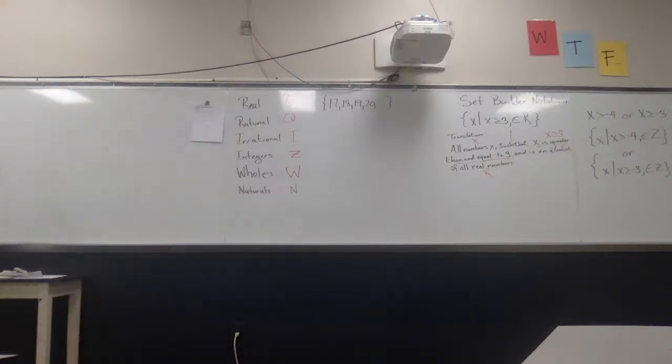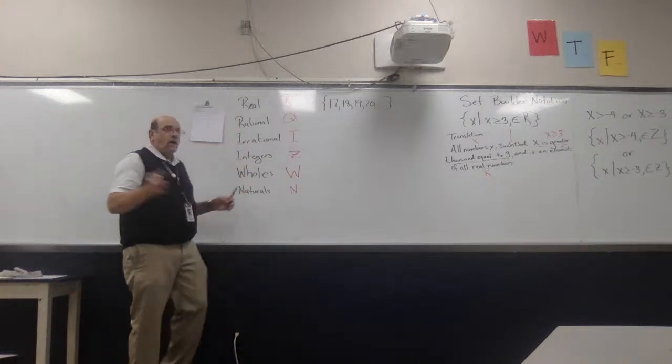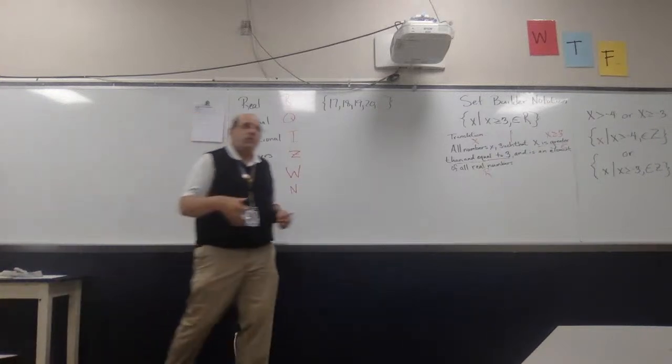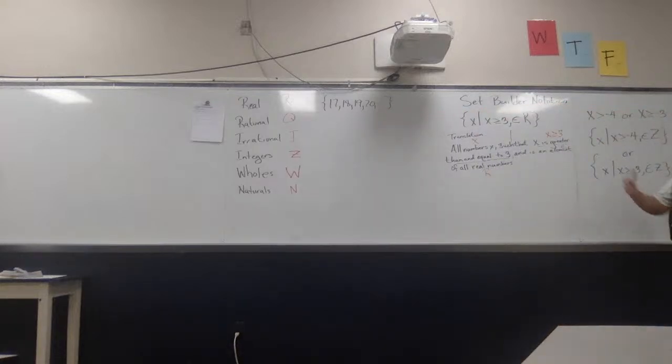First of all, what types of numbers are these? Real. Okay, real. What else? Integer. Rational. Right? You can express every one of those as a fraction. Are they whole numbers? Yes. Are they integers? Yes. Are they natural numbers? Yes.